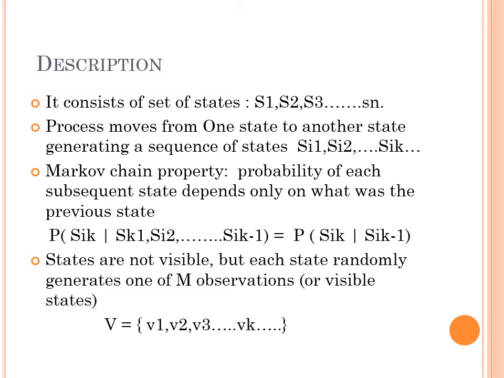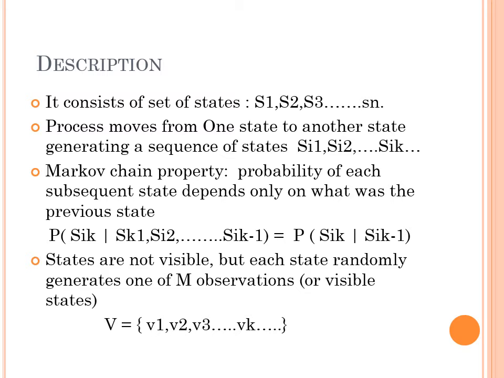Here we are applying the Markov chain property, which says that the probability of each subsequent state depends only on the previous state. Let us consider p of s of i comma k, the present state, which depends upon the previous states.